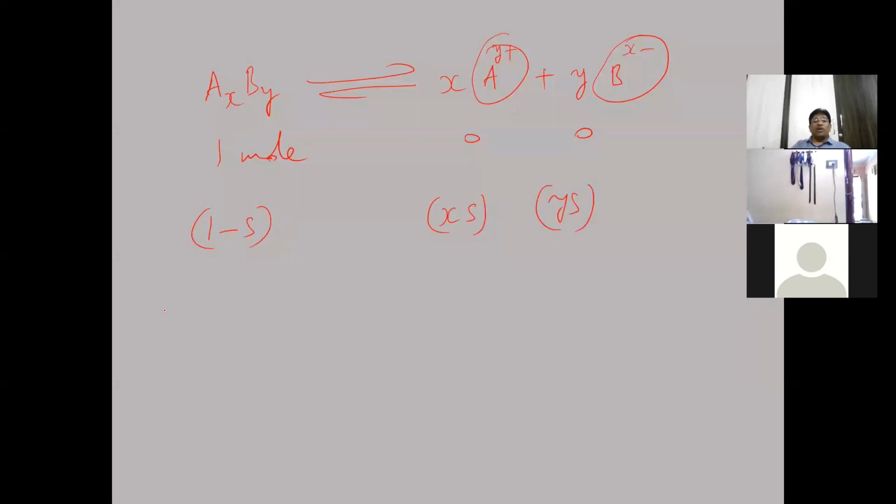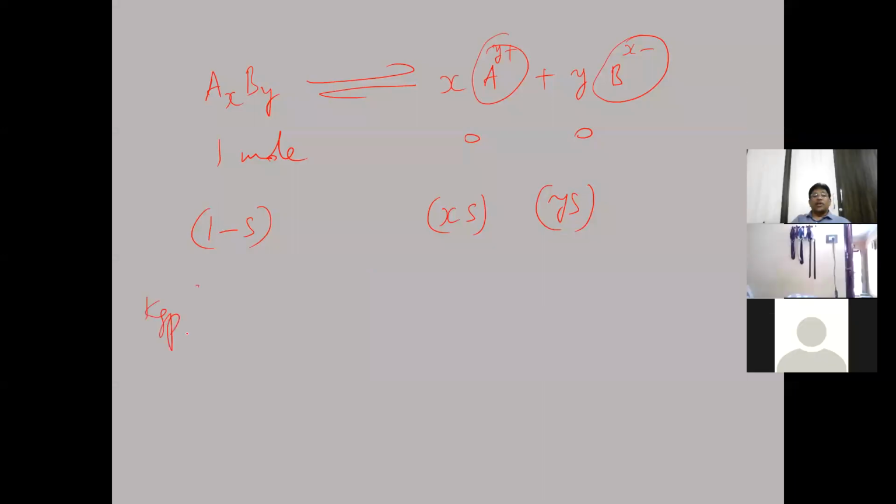Now tell me, what is KSP, how do we write it? KSP of the salt AxBy is equal to xS whole power x into yS whole power y. You have to take the concentration of cations, xS whole power x, into yS whole power y.